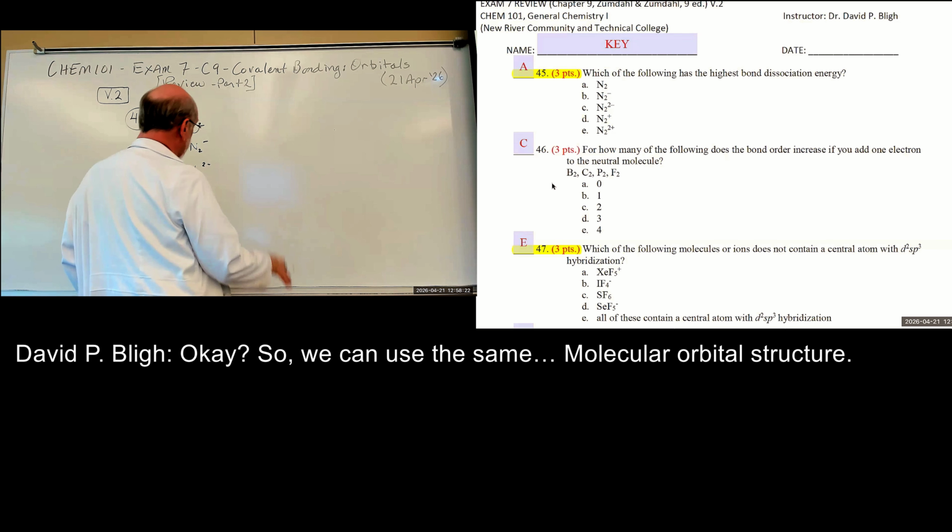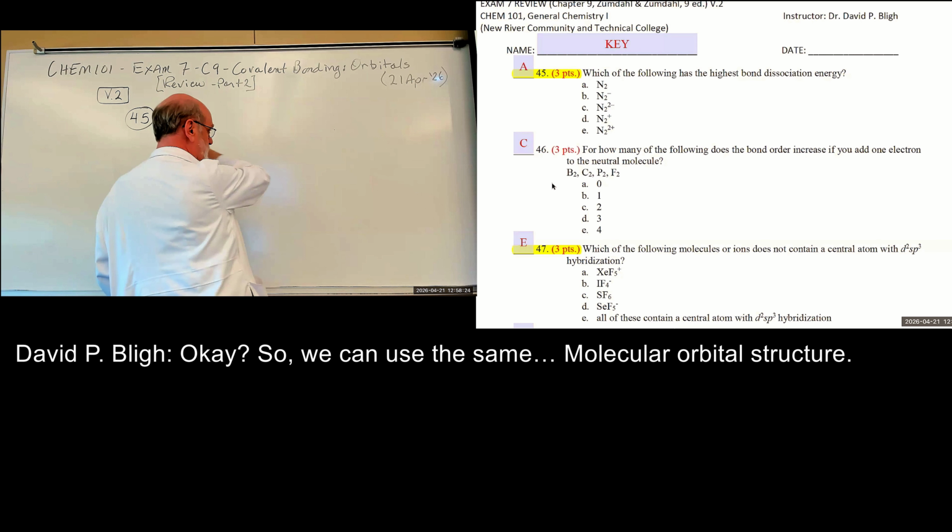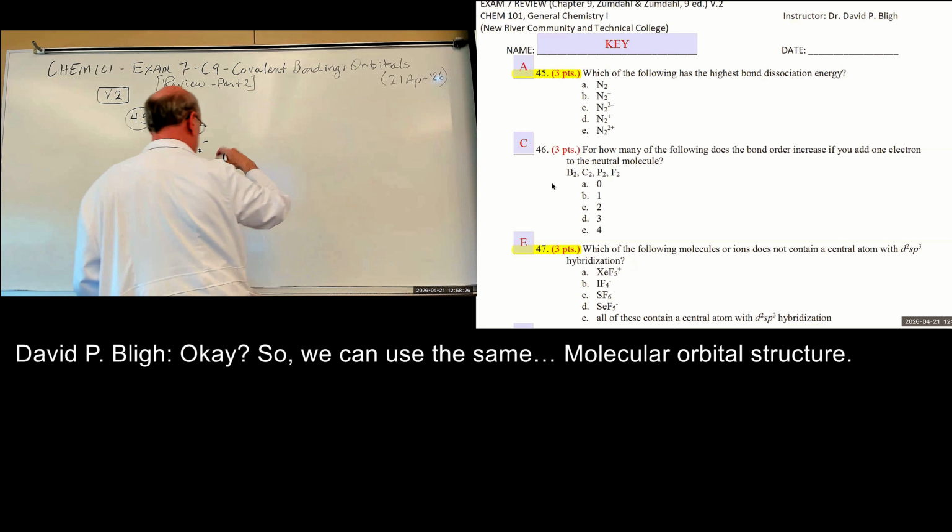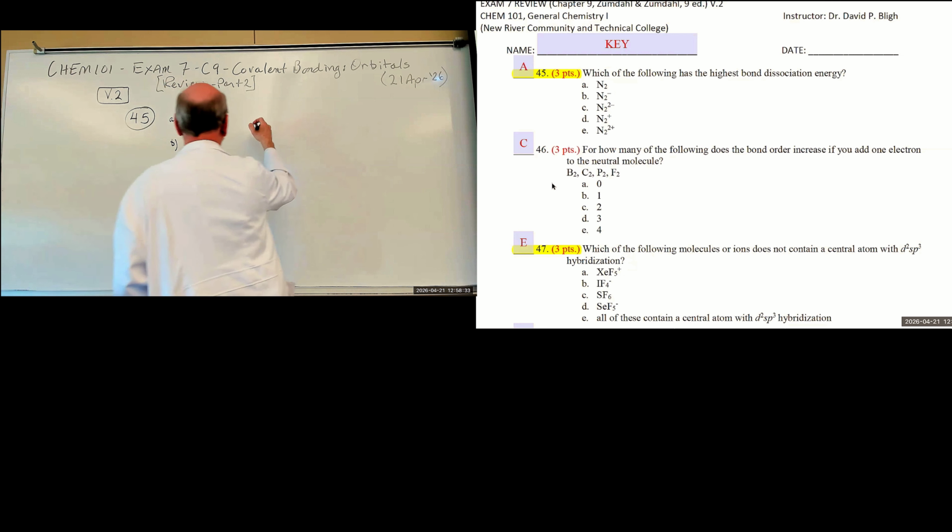Okay, so we can use the same molecular orbital structure for all of these. It's just how many electrons we put in.